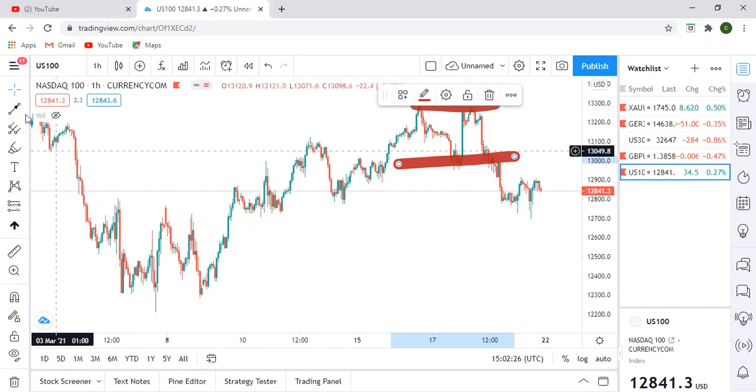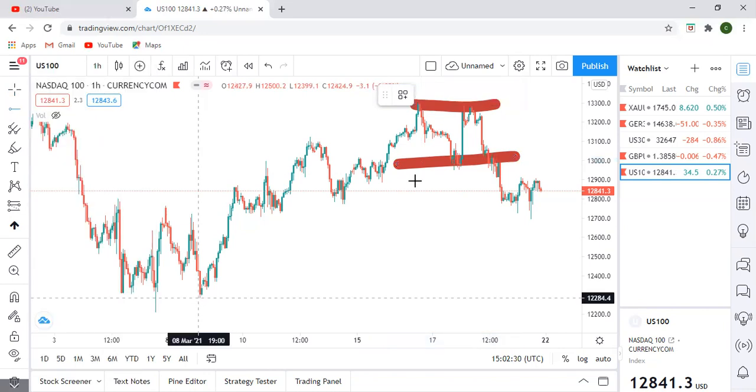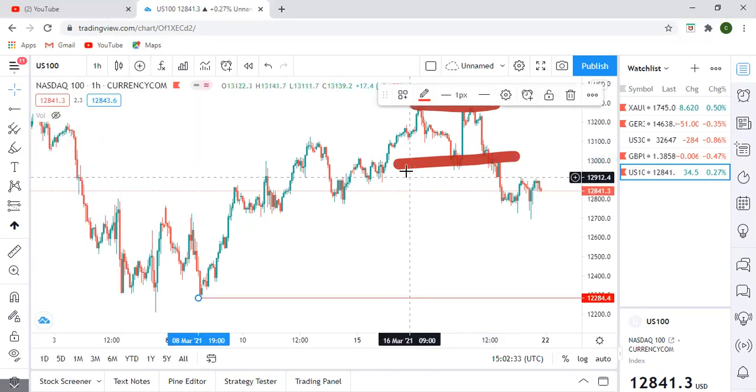If you see what has been happening here, we've been on an uptrend. Let's take our trend line.